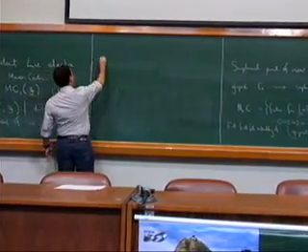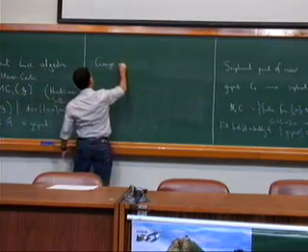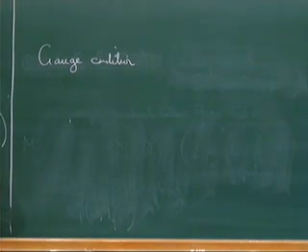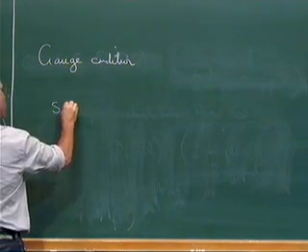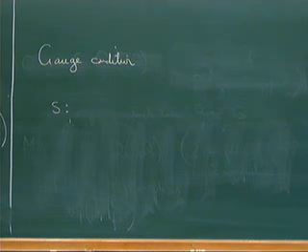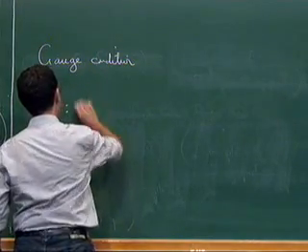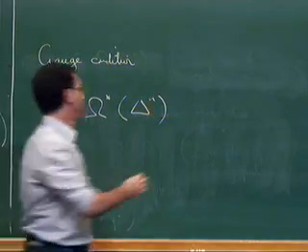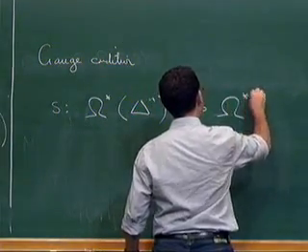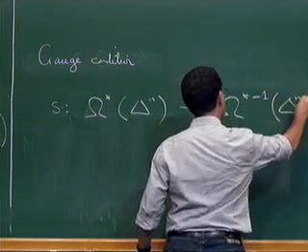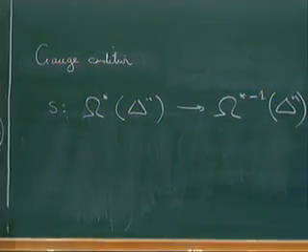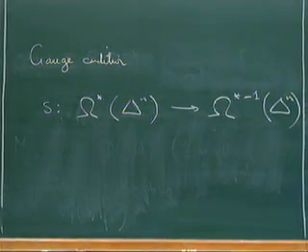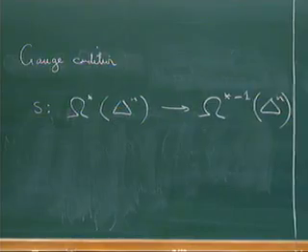So let's impose a gauge condition. I'll be very mysterious here, but there's a sequence of operators on the differential forms on the n-simplex which reduce degree by 1, and they're compatible with the simplicial maps.